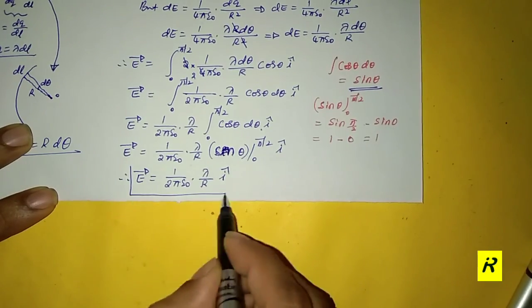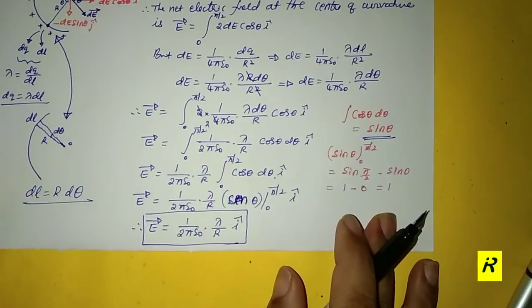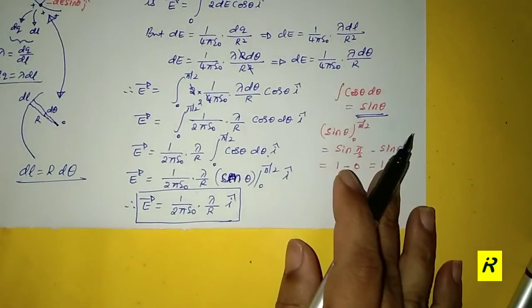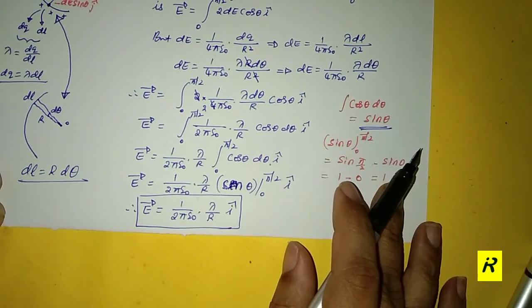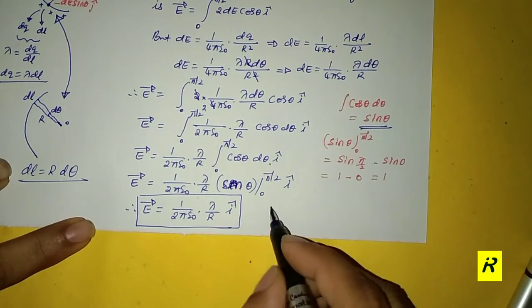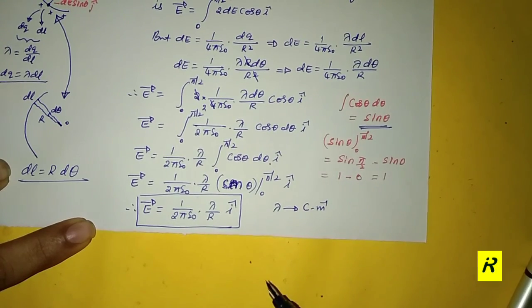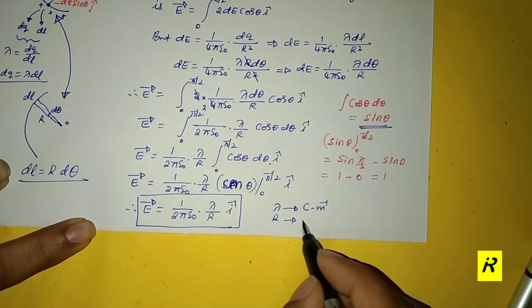So this is the result showing the net electric field produced at the center of the curvature: 1 divided by 2 pi epsilon O lambda divided by r. Lambda stands for linear charge density, usually measured in coulomb per meter, right? So lambda is measured in coulomb per meter, and r is the radius, which is measured in say meter.